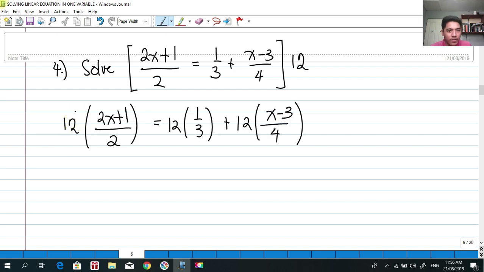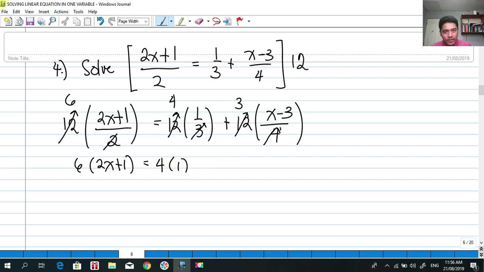So as you can see, 12 divided by 2 is simply 6. 12 divided by 3 is simply what? 4. 12 divided by 4 is simply 3. So we have eliminated the denominator, so that we have 6 multiplied by 2x plus 1 is equal to 4 times 1 plus 3 times x minus 3. Okay?